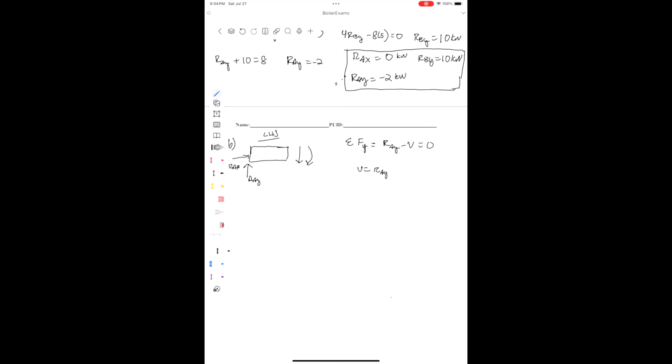So we can calculate V being equal to RAY, and it's going to be -2 kilonewtons. And then to find the internal bending moment, there are a couple different ways you can do this. The way I prefer to do it is to just integrate the shear. So we have that dM over dx is equal to V. So dM equals V dx, and integrate both sides with respect to x.